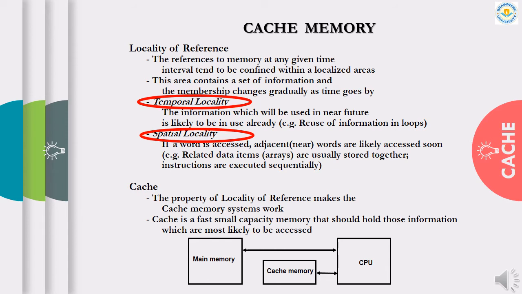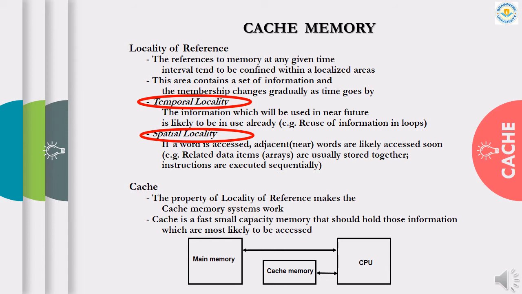The concept of locality of reference is constructed with two different portions. One is called temporal locality, and the other is called spatial locality. In temporal locality, information is reused, like in a loop.